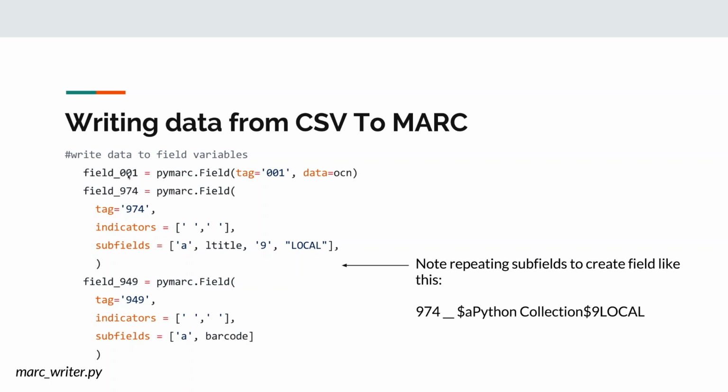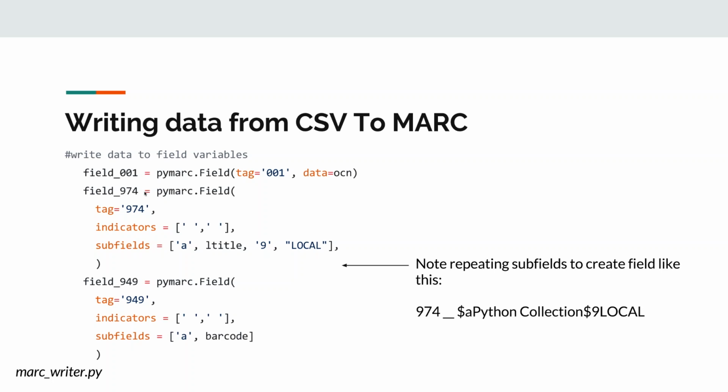You can call these whatever you want, field 001, field 974, field 949, that's how I've called them. But it's equal to a PyMarc field. The tag is the MARC tag. The data is the variable that we created earlier out of the CSV rows. And I'll show this whole script at the end if you're completely lost, so you can see how it all logically works together.